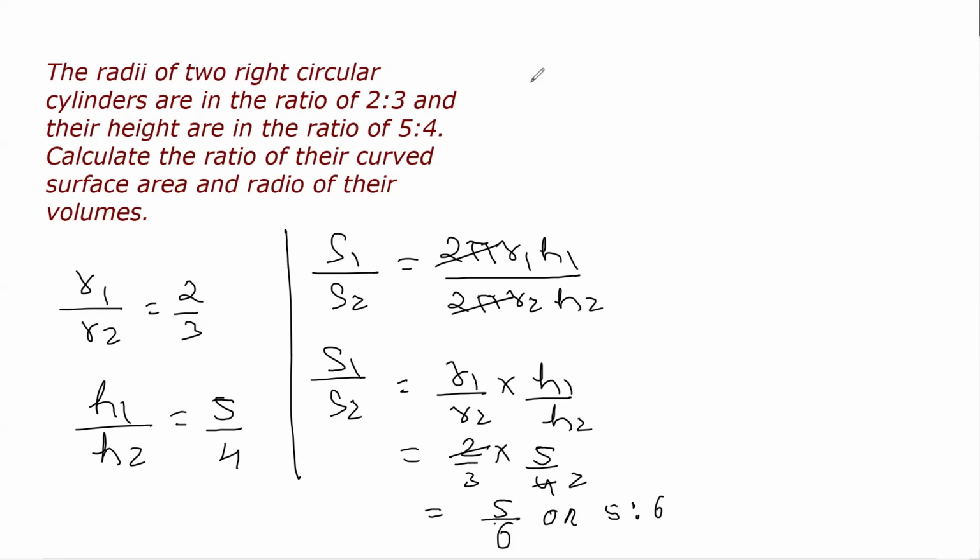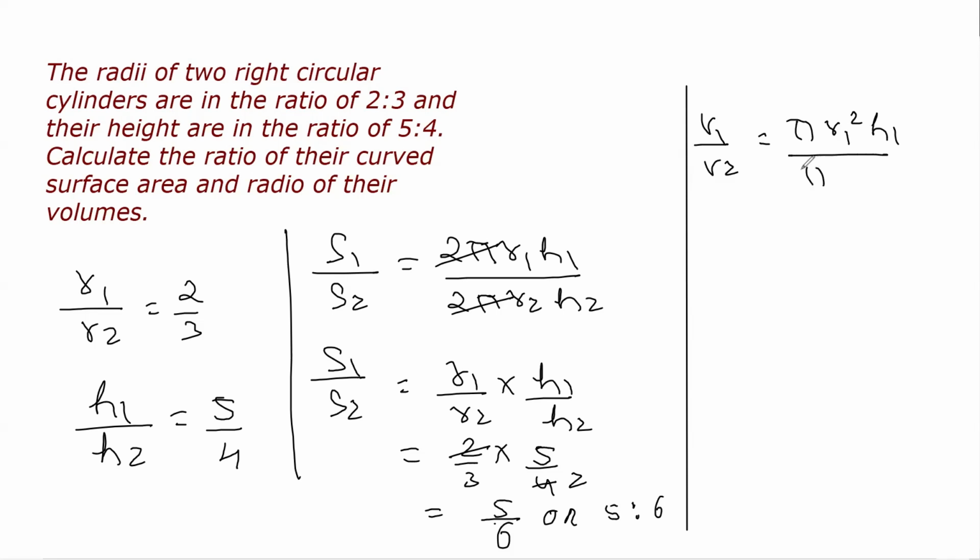Now we have one more part where we have to find the ratio of their volume. So we can calculate in the same manner, that is V1 over V2, and for a cylinder it is pi r square h. So it should be pi R1 square H1 over pi R2 square H2. So pi and pi get cancelled. I can write this as R1 over R2 whole square, instead of writing individual squares, and this should be multiplied by H1 over H2.